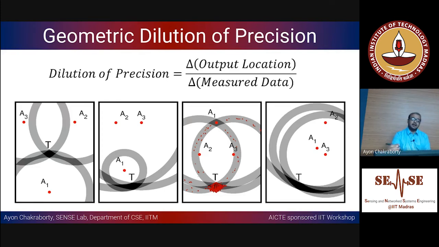This ratio gives you an intuition about how the precision is going to be diluted by the presence of noise in the range, as well as the geometry of the nodes. In this case, it is going to be this triangular area. This entire place would be the output location, because the noise is not allowing me to get any more precise.